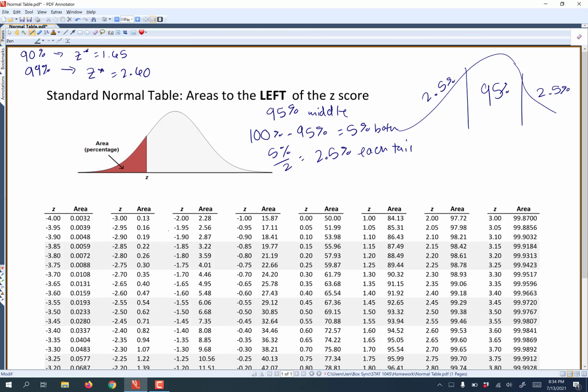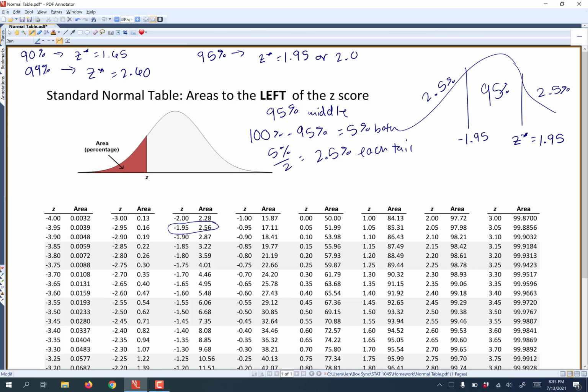The closest one I can find is this negative 1.95, which means z star equals 1.95. So to add it to my list, for 95%, we're going to use z star equals 1.95, or we can use 2.0. The reason we use 2.0 is because the book has taught you for so long that 95% of our data will be within 2 standard deviations, because it's easy to memorize.